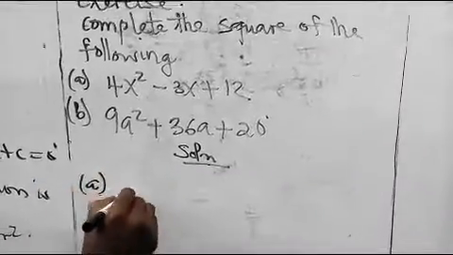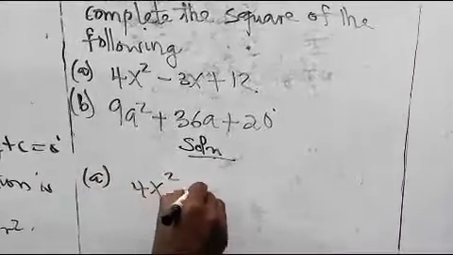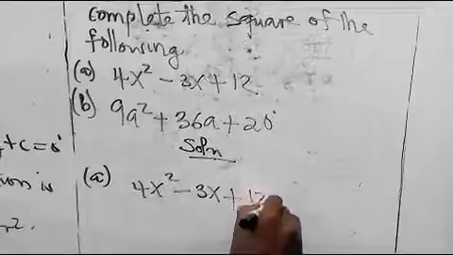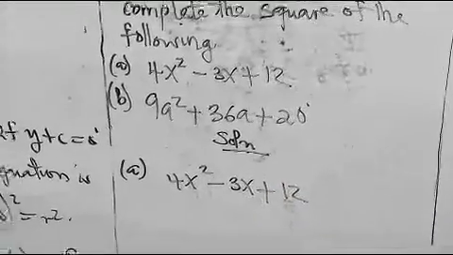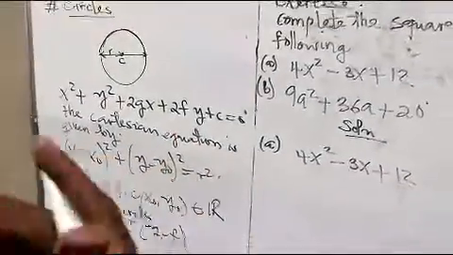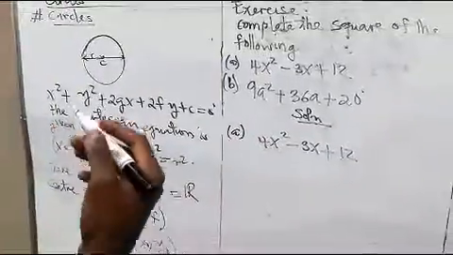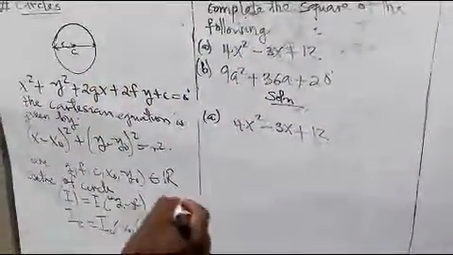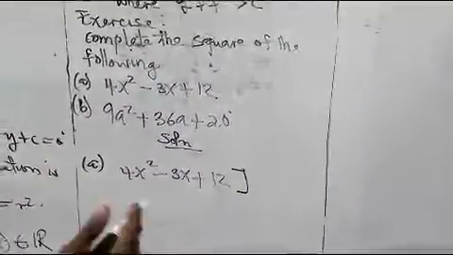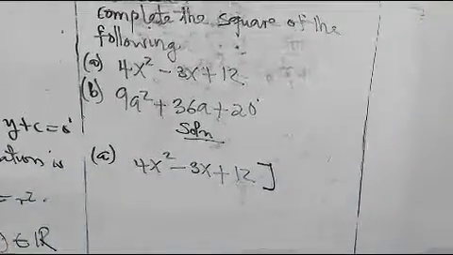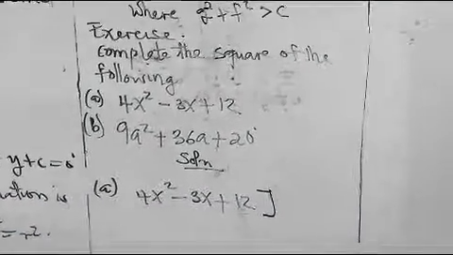We have our a, which is 4x squared minus 3x plus 12. Now if you look, this is actually not a quadratic equation, but simply a quadratic expression.